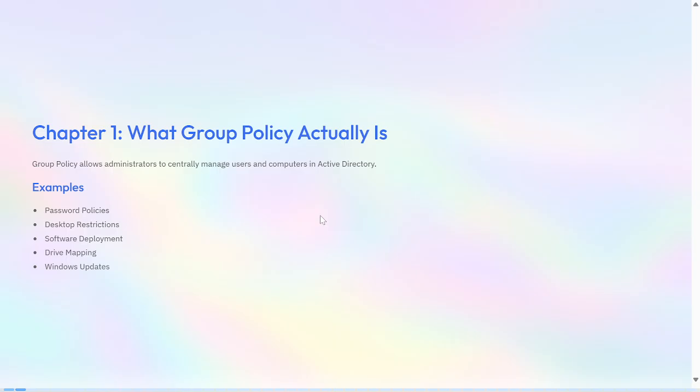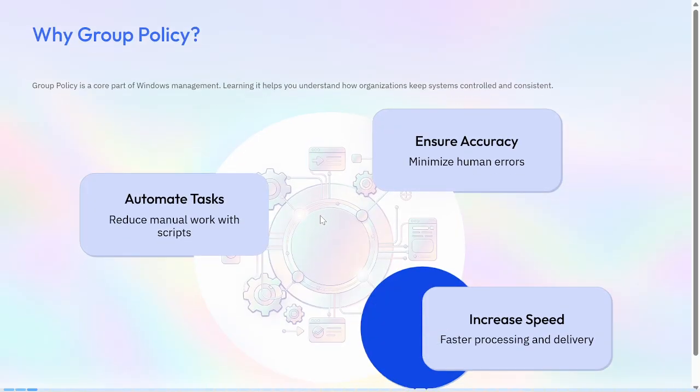So why does group policy matter? First of all, let's understand why group policy is critical in enterprise environments. First, it provides centralized management, and second, it ensures consistency: every user receives the same configuration regardless of which computer that user is using.